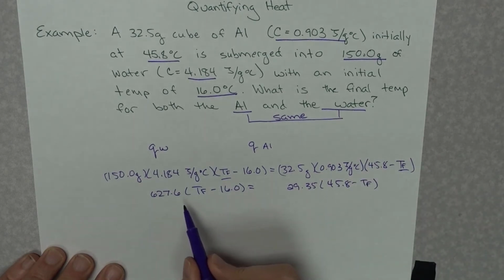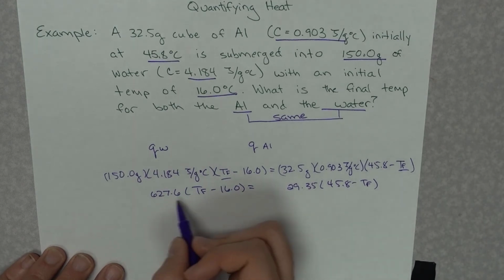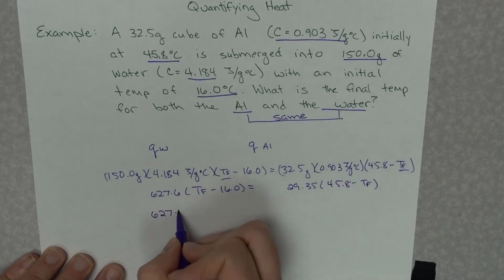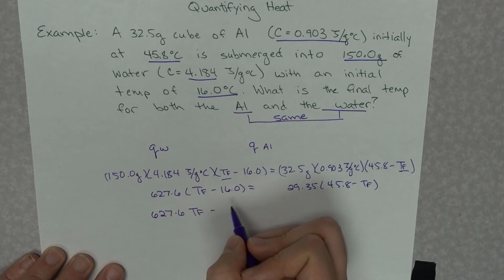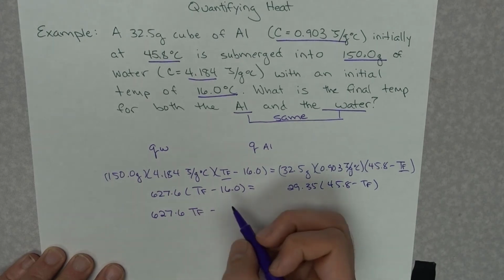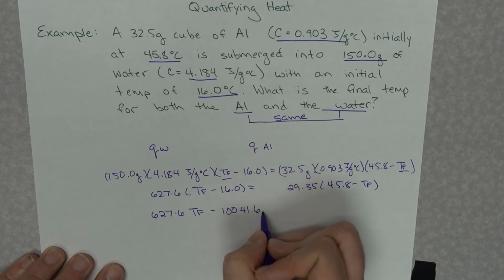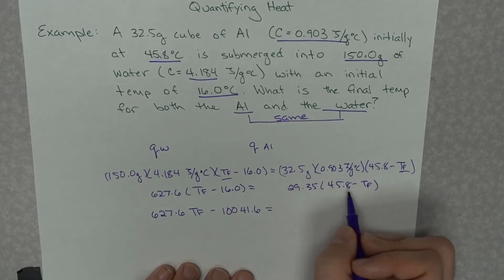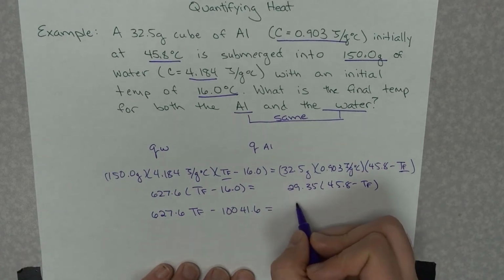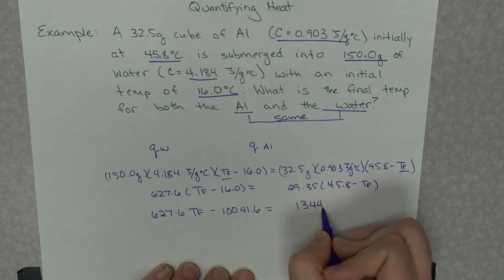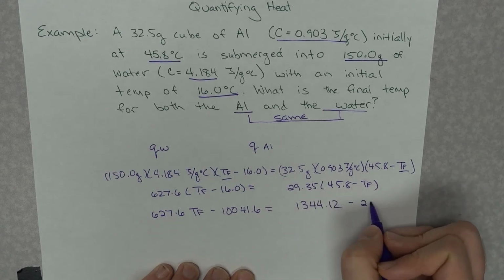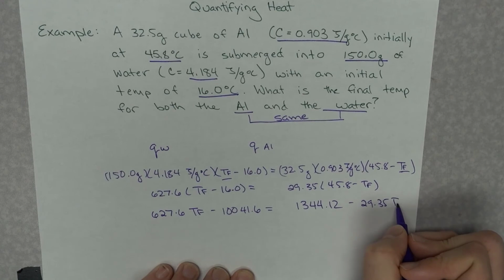And when I distribute these terms, 627.6 times TF minus this number times that number, which is 10041.6. Same thing on this side, this number times this number, 1344.12 minus 29.35 times TF.